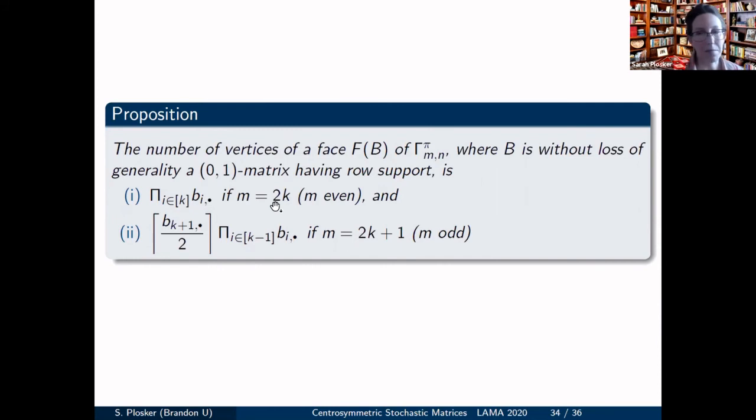You just take the top half of your matrix and multiply those row sums together.